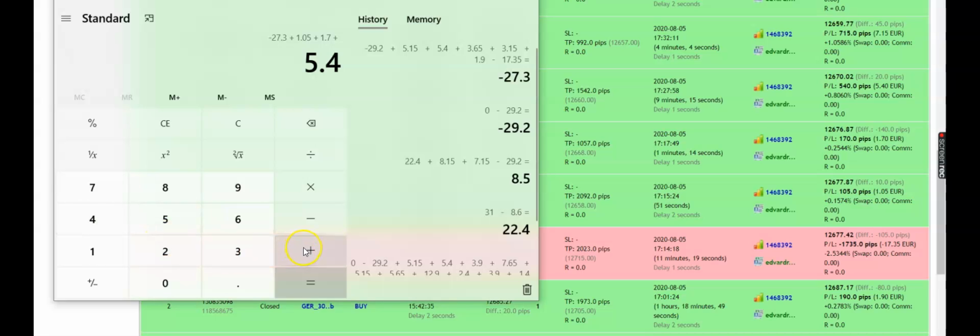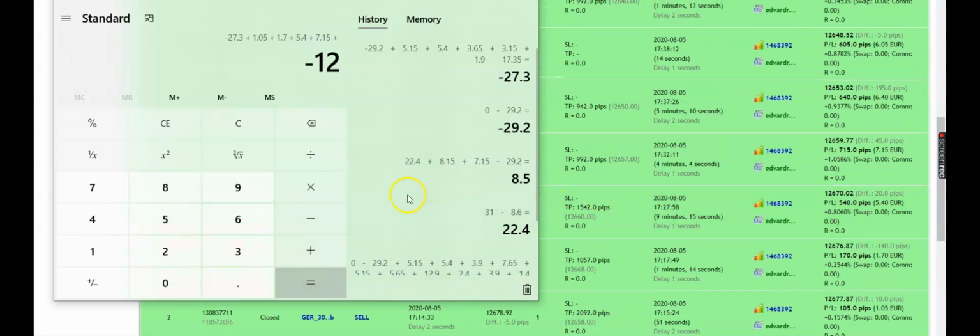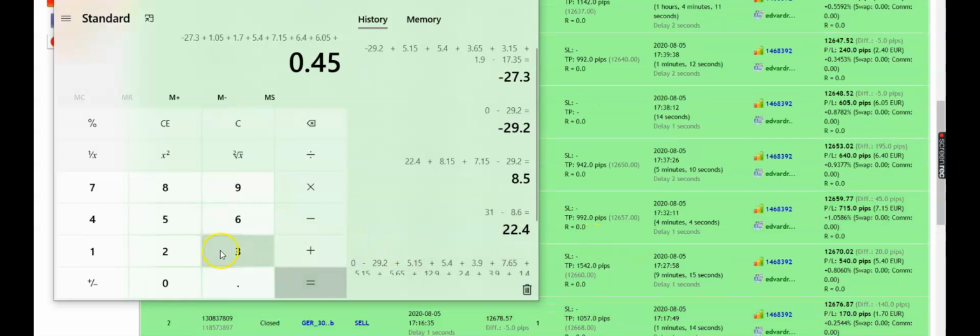Then we made a profit of €5.40. Then we made €7.15. And made €6.40. And we made a profit of €6.05. We made €2.40.